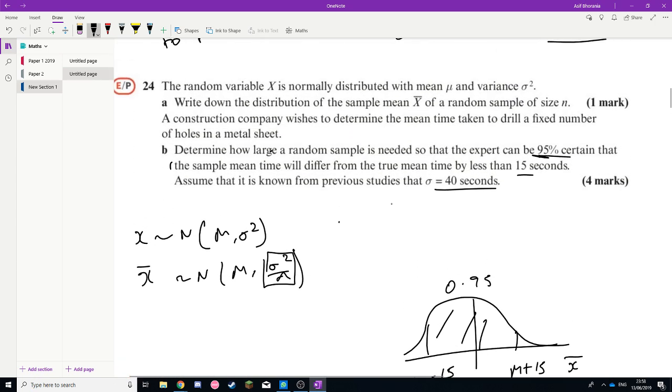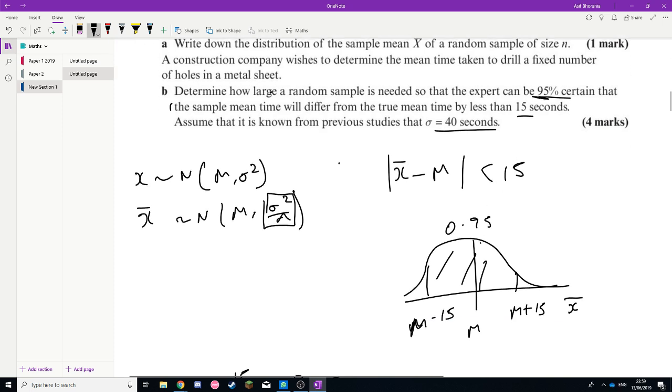Now, what they did is this idea that the x value minus the mean should be less than 15. Then they started thinking about probabilities.